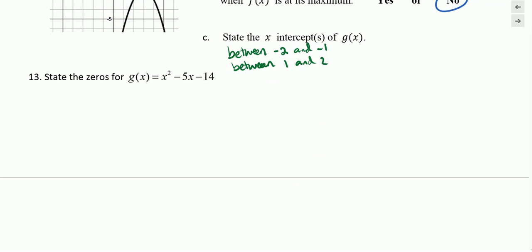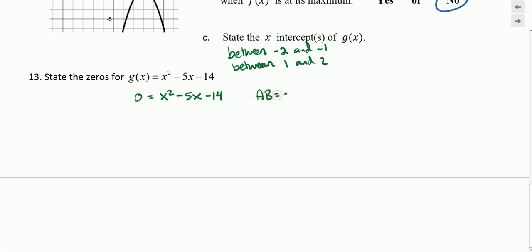State the zeros for g of x equals x squared minus 5x minus 14. Zeros are the same things as finding x-intercepts, finding roots, finding solutions. So we need to make g of x equal to 0 and solve for x. We can try solving by factoring at first, looking for two numbers a and b.